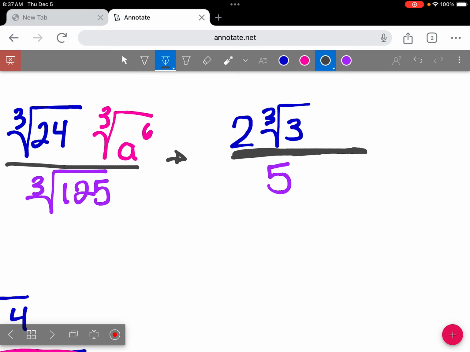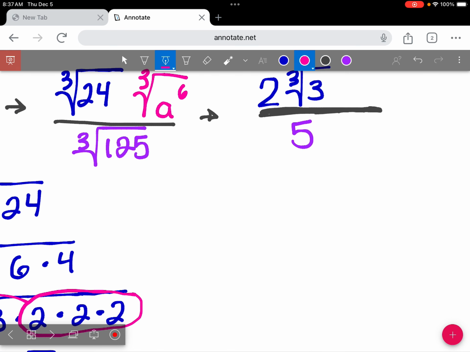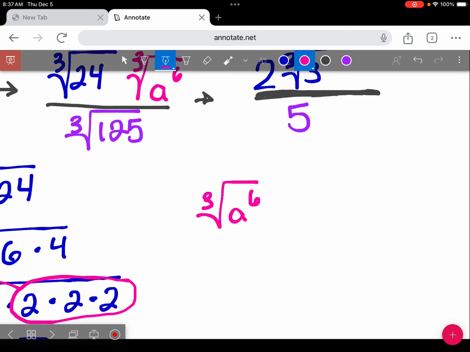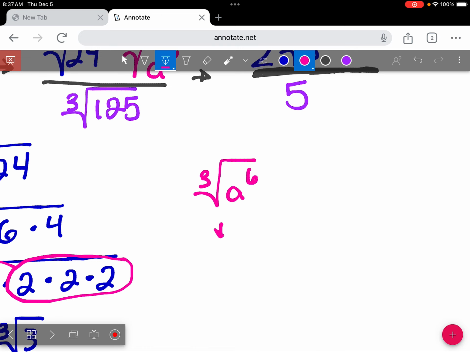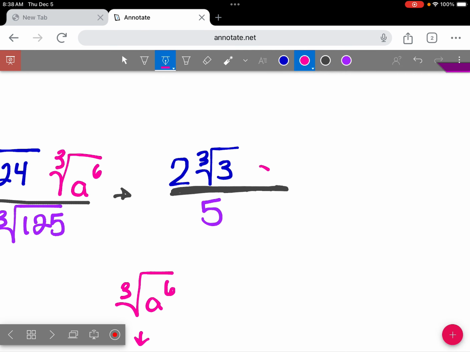We've got one more piece on this one. That's our cube root of a to the 6th. What does our cube root of a to the 6th simplify down to be? A squared. So we have our a squared here.